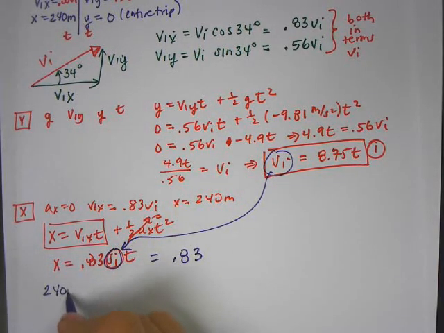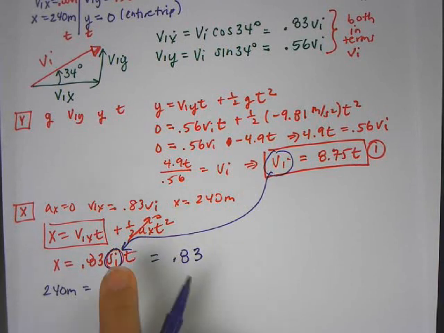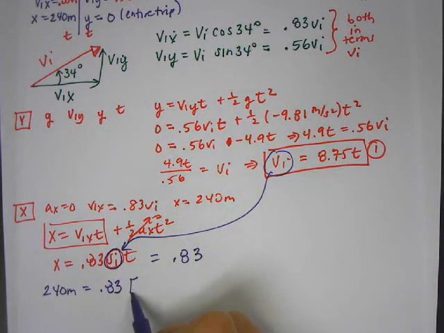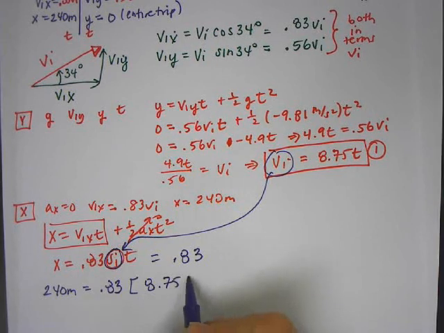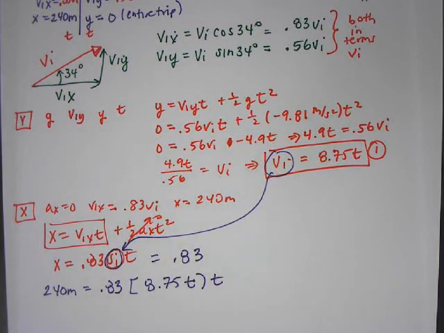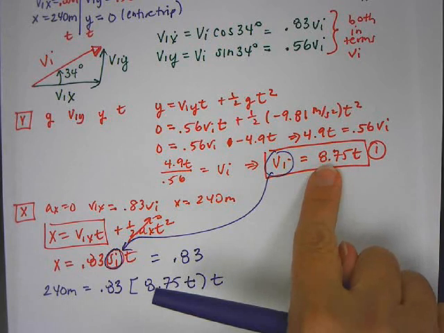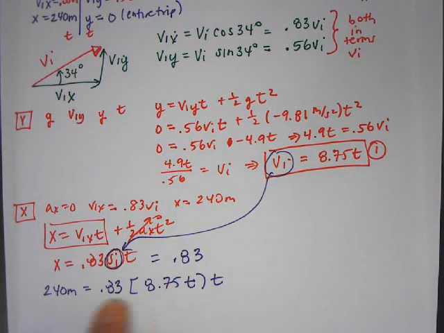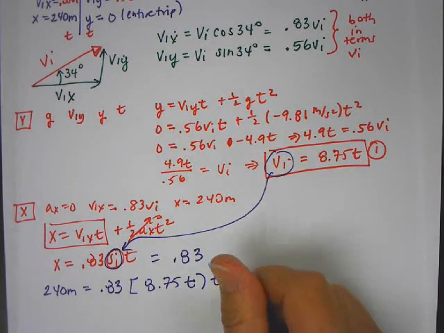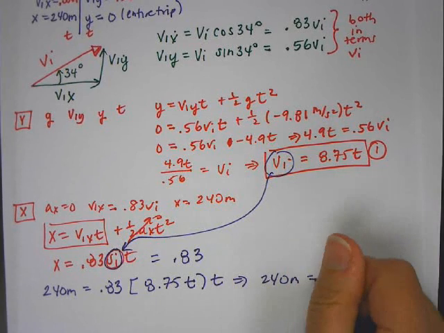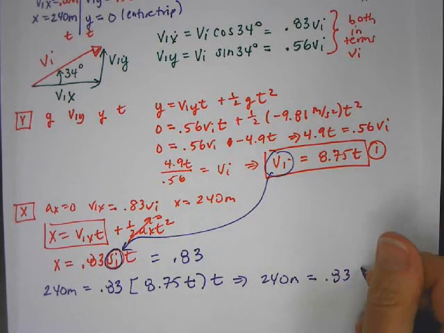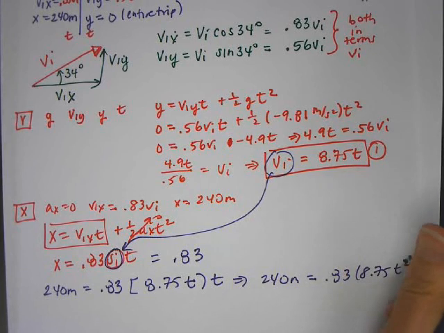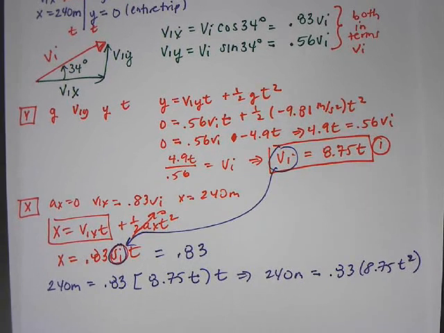So 240 is equal to 0.83, and instead of VI, I'm going to write 8.75 T, and then times T. So does everyone see I took this, substituted in here? How many variables do I have now? 1. Can I solve this? Sure I can. So 240 is equal to 0.83 times 8.75 T squared, and then just multiply that out again.